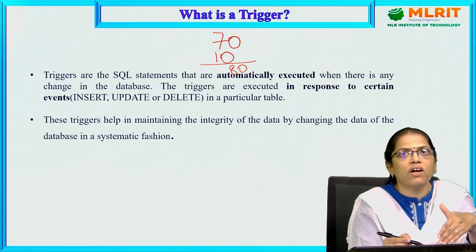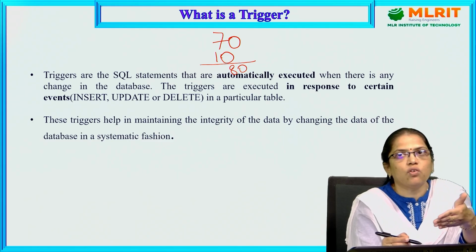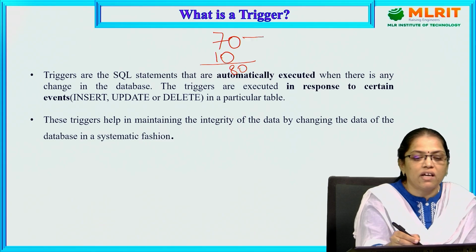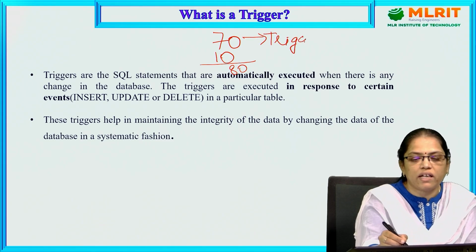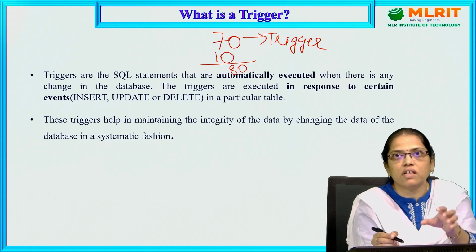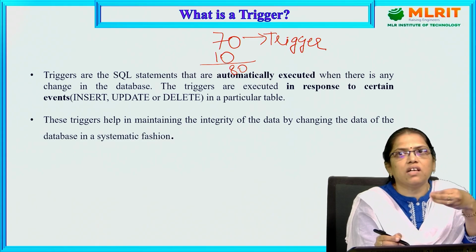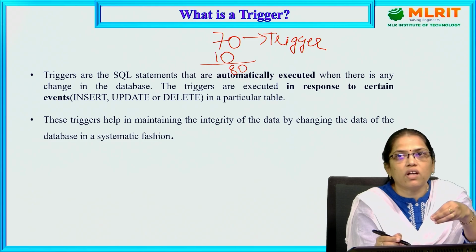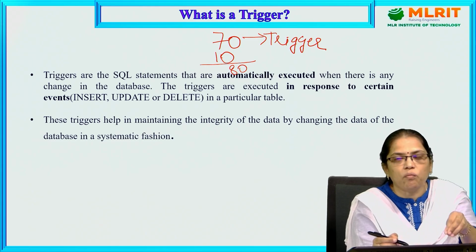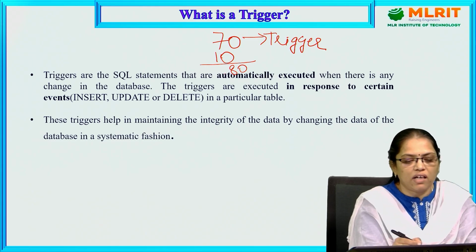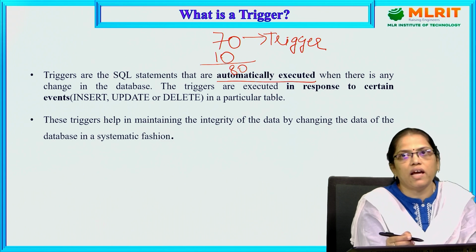So whenever I am inserting the data to the existing database, then what is happening? The trigger will automatically take the information. This is actually the meaning of trigger, and that is the reason why we say that whatever changes you make in the database, triggers are automatically executed.